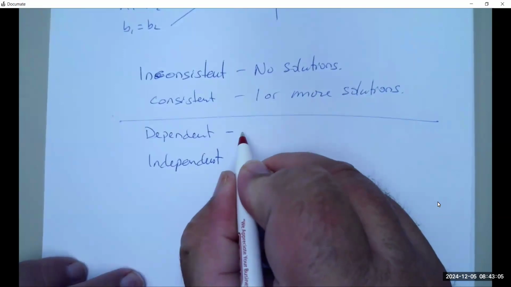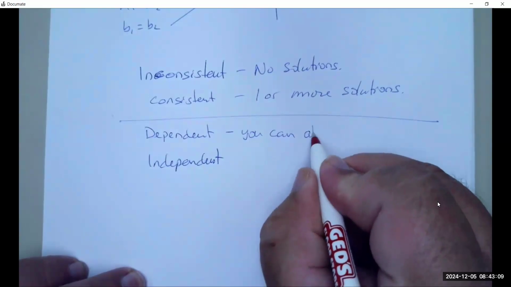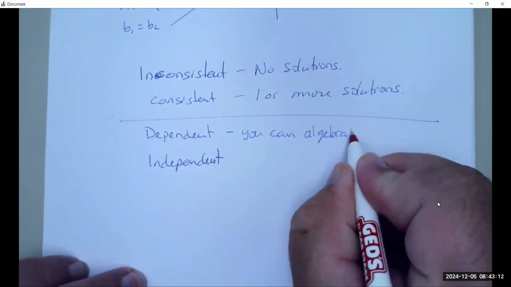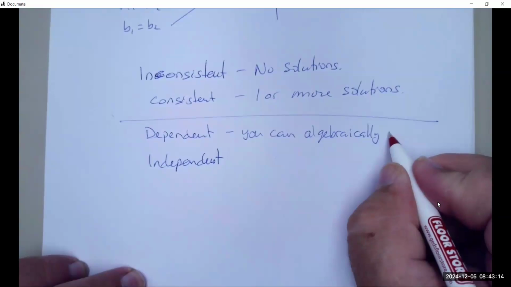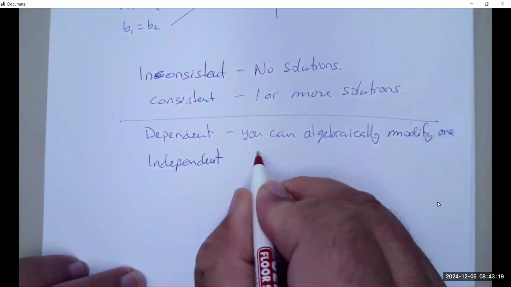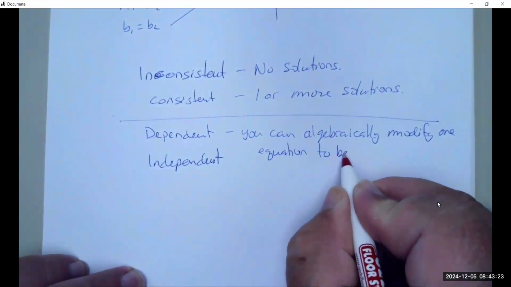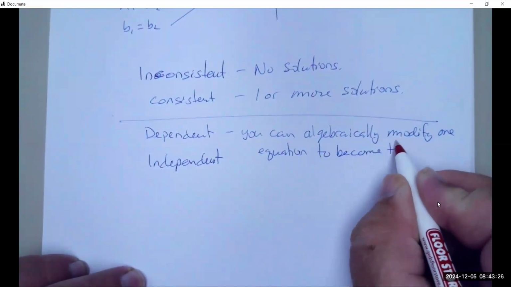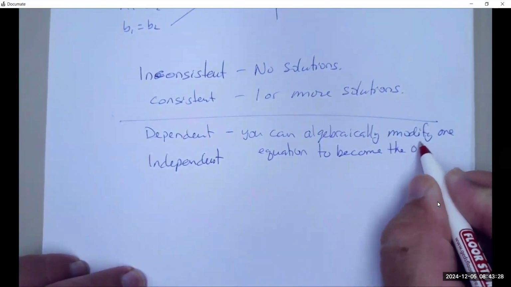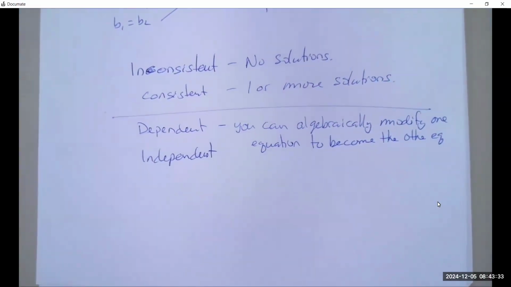Dependent means you can algebraically modify one equation to become the other equation. They're the same thing. They're the same equation. It's just that they have a constant multiple different of each other.